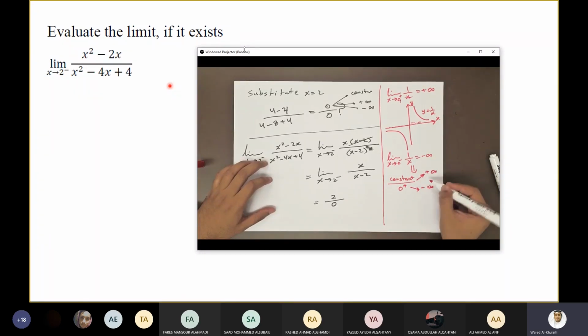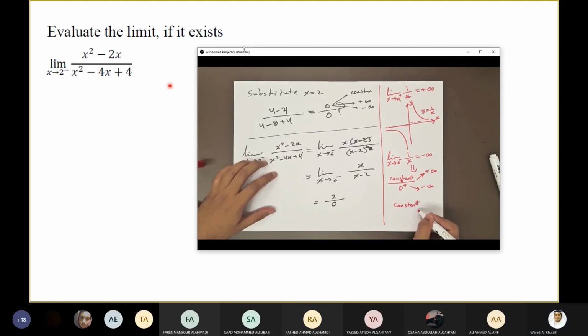But how can I judge if the constant is positive or negative? If the constant is positive, then I will go to positive infinity. If the constant is negative, I'll go to negative infinity. The same thing if you have a constant over 0 from the left, it will also be either negative infinity or plus infinity. It depends on the sign of the constant.